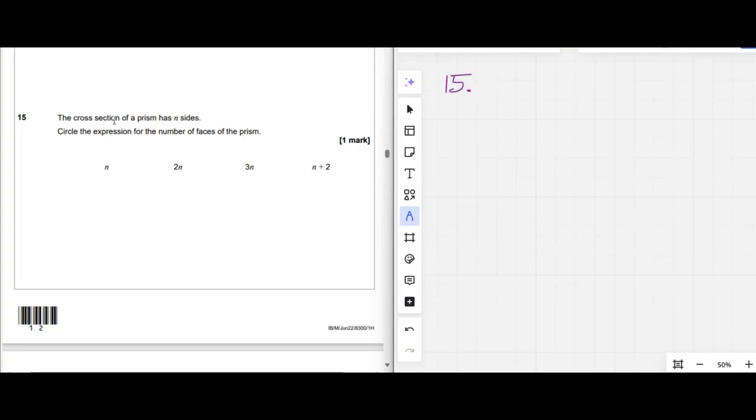The cross-section of a prism has n sides. Circle the expression for the number of faces of the prism. Let's try with 5 for now.